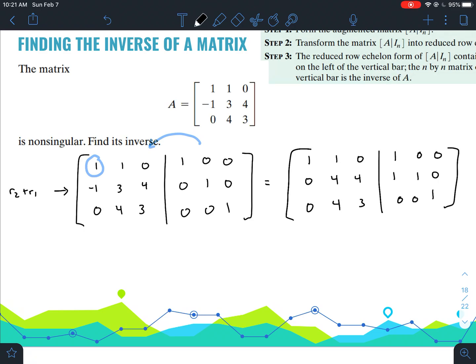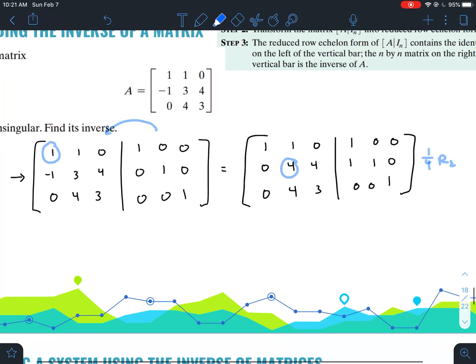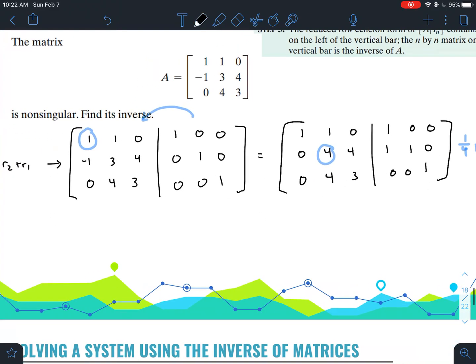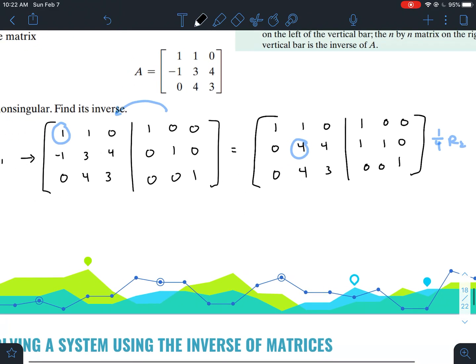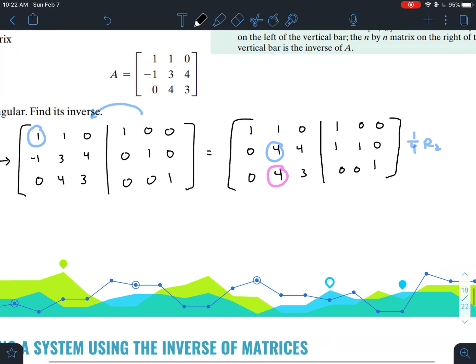All right, so now I've got 1, 0, 0. And now I need a 1 right here. To get a 1 there, I could divide everybody by 4, so I could do 1/4 of row 2. I also want a 0 right here.